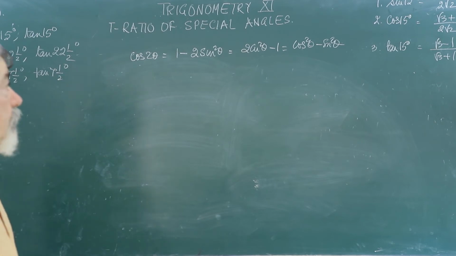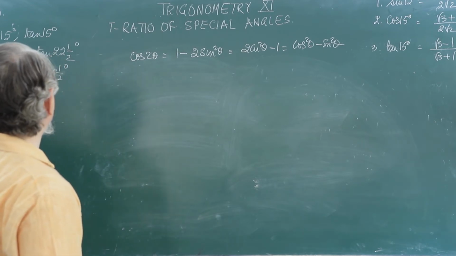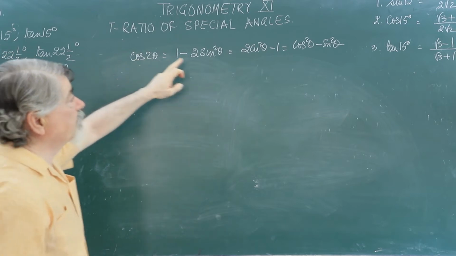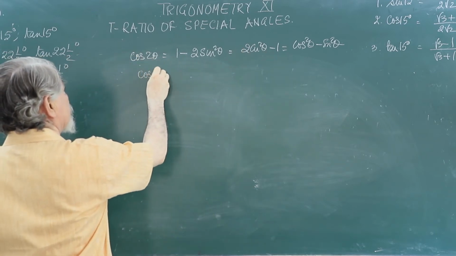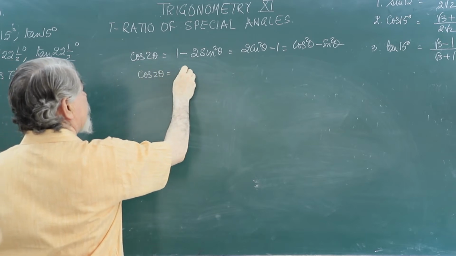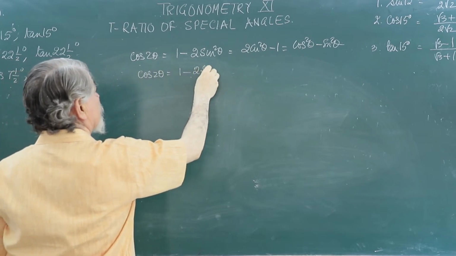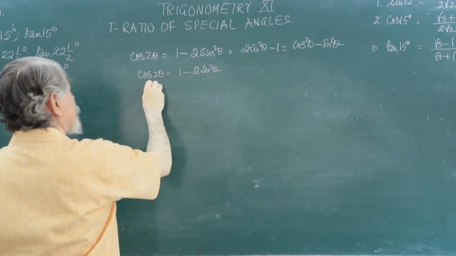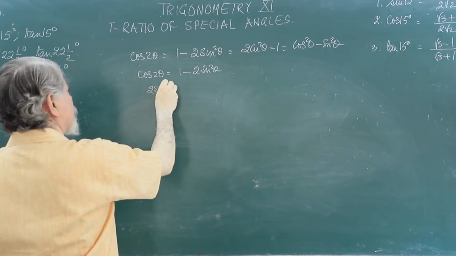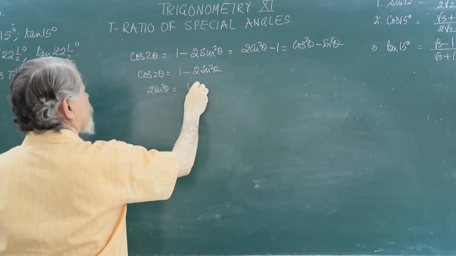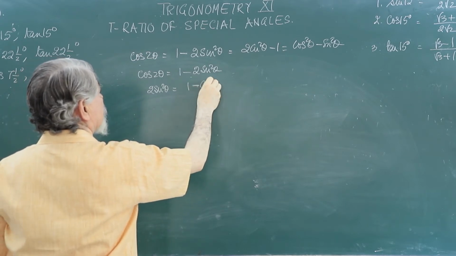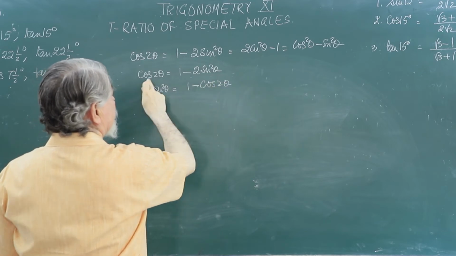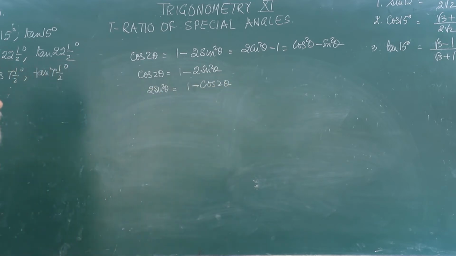It is very important. For the time being, I'm going to use the sine square as well as cos square, depending on the case. So if cos 2 theta is 1 minus 2 sine square theta, then 2 sine square theta will be 1 minus cos 2 theta. I'll take cos 2 theta to that side, and it will become like that.